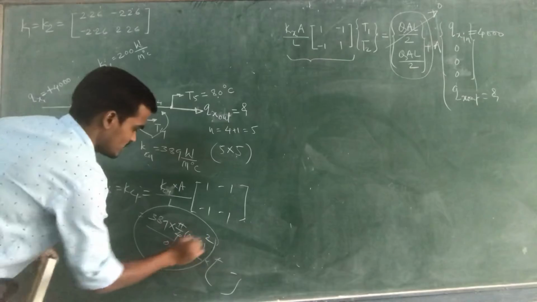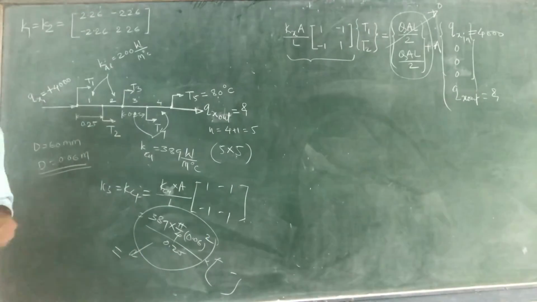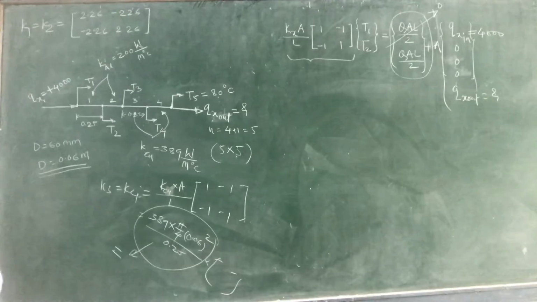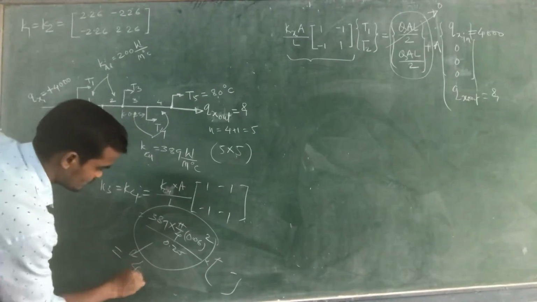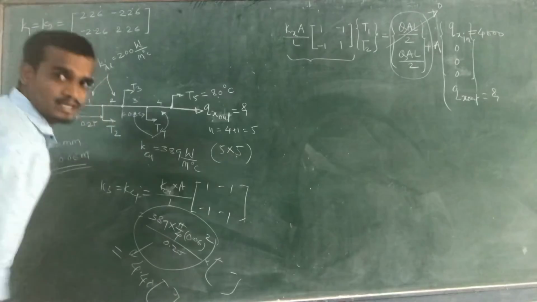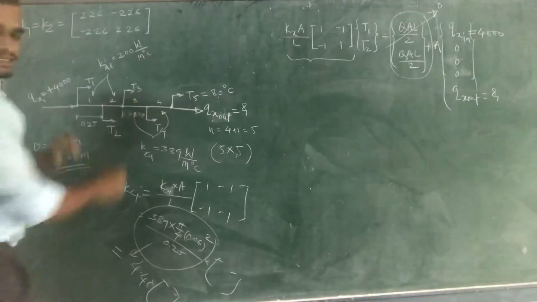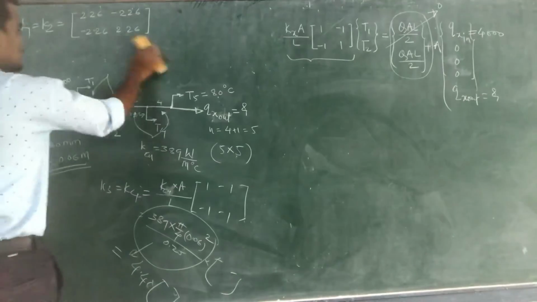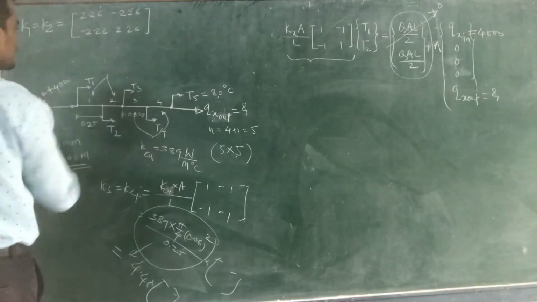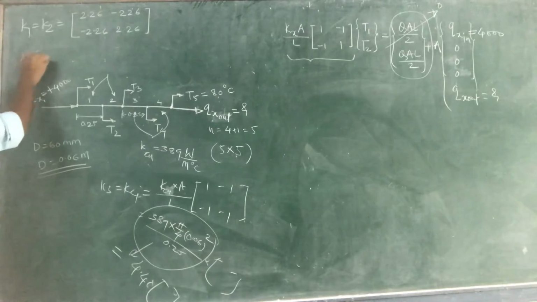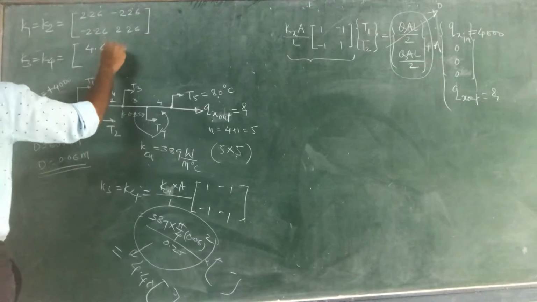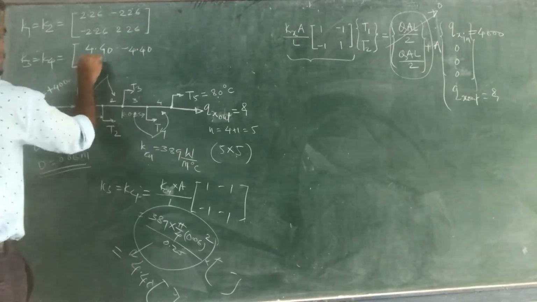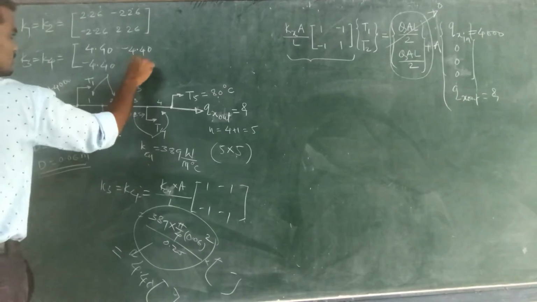I think we will get this value equal to 4.40, into this matrix. So finally you will get the elementary stiffness matrix for the third and fourth element: K3 is equal to K4 is equal to 4.40, minus 4.40, minus 4.40 and 4.40.